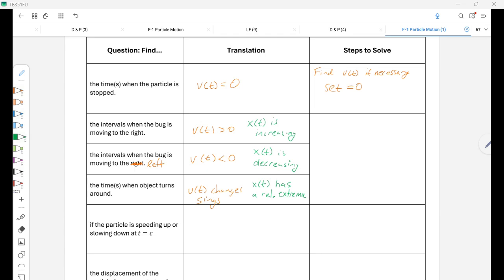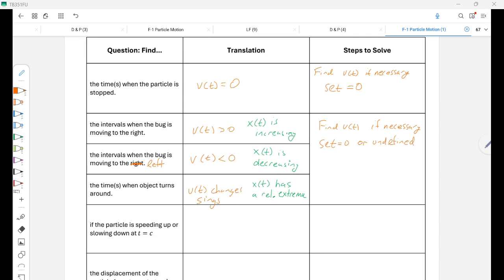Okay, so kind of similar thing here. We need to find v of t if necessary. I write that just in case you just start doing the problem with the wrong function. Set equal to 0 or undefined. That's usually more if you're looking at a graph.